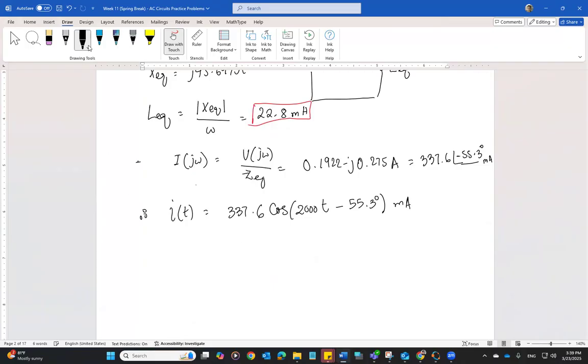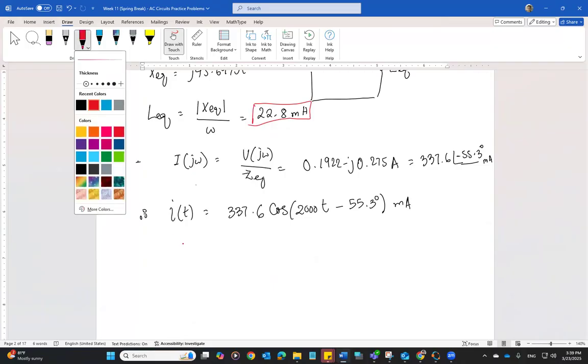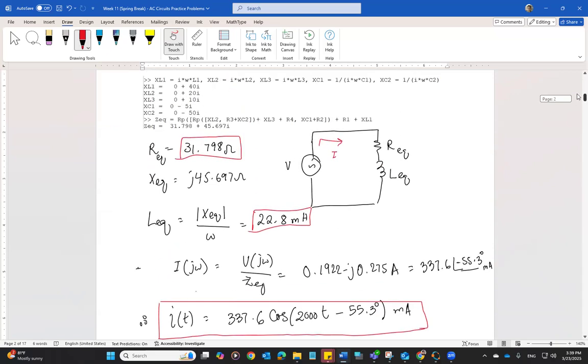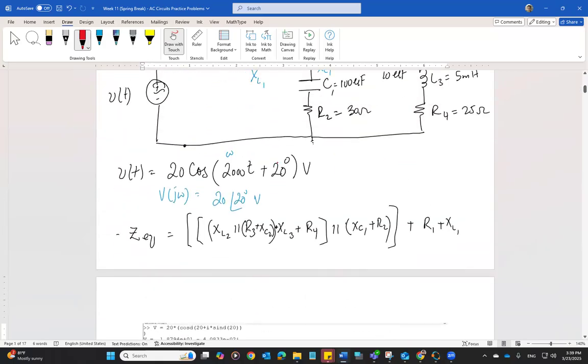Since the impedance of the circuit is inductive, therefore the phase of the current is lagging the phase of the voltage. Anytime you have an inductor, phase of the current lags phase of the voltage. Anytime you have a capacitive reactance, then phase of the current is going to lead phase of the voltage. So right now it is lagging. We have negative 55.3 phase of the current, and we have plus 20 degrees phase of the voltage.